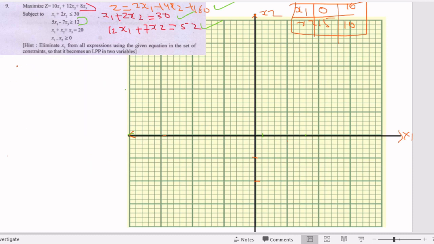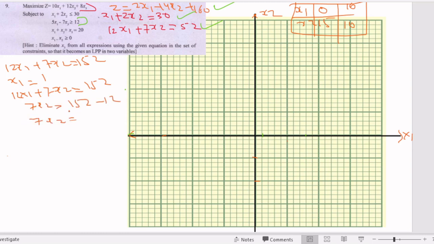Similarly, we have to find the coordinates of the second equation. So the second equation says 12x1 plus 7x2 is equal to 152. What can we substitute? Let's substitute x1 is equal to 0. If we substitute 0, we'll get a decimal point. We have to be smart. Let's substitute x1 is equal to 1. So 12 into 1 plus 7x2 is equal to 152. 7x2 equal to 152 minus 12. 7x2 is equal to 140. x2 will be 20, right?